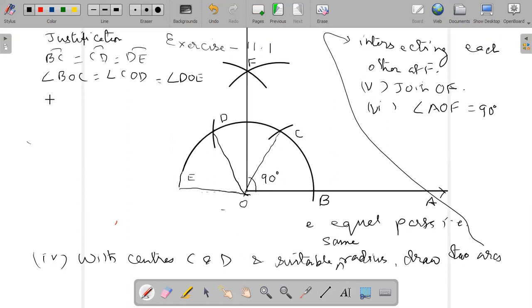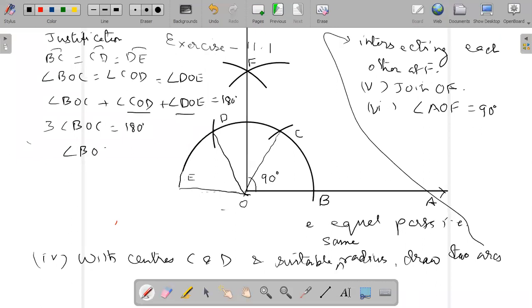So angle BOC plus angle COD plus angle DOE is equal to 180 degrees. So each angle is equal. Instead of COD and DOE, we can replace them by BOC, and then we get 3 times angle BOC is equal to 180 degrees. That means each angle is 60 degrees. So angle BOC is equal to 60 degrees.